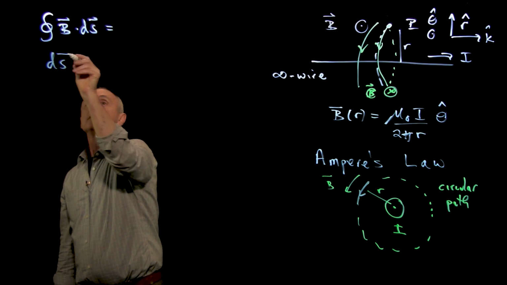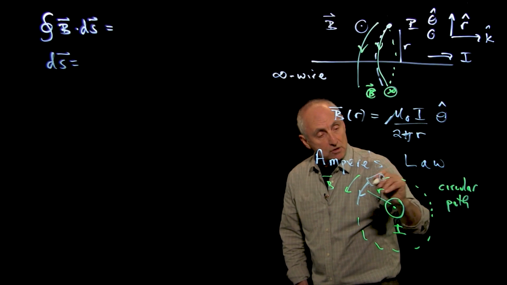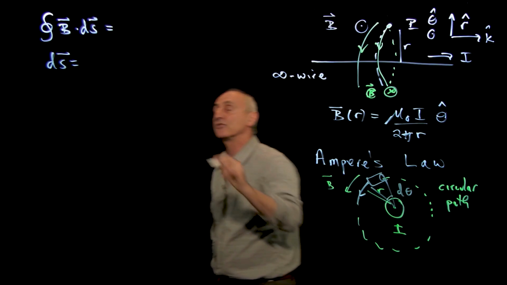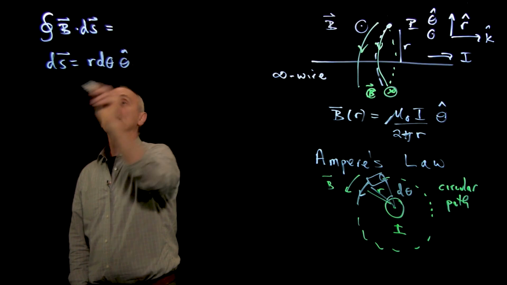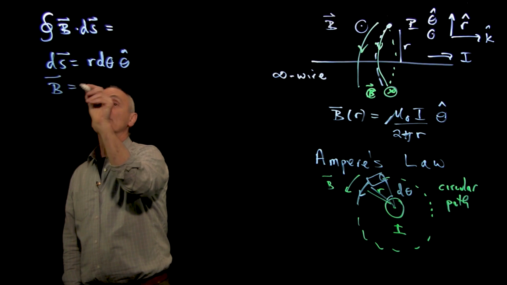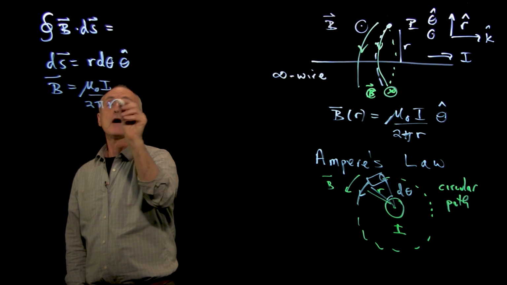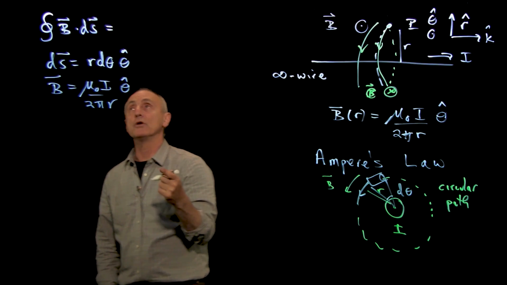Well, we can write ds as a small arc length here. So we pick an arc length of angle d theta and radius r. So we have r d theta theta hat. And this is where we use our Biot-Savart law to calculate the magnetic field. And theta hat dot theta hat is, of course, 1, a unit vector.